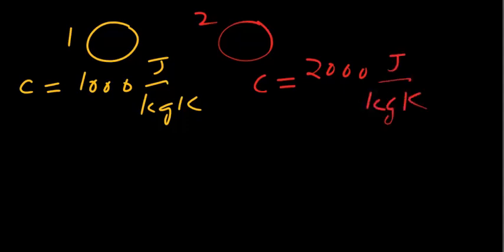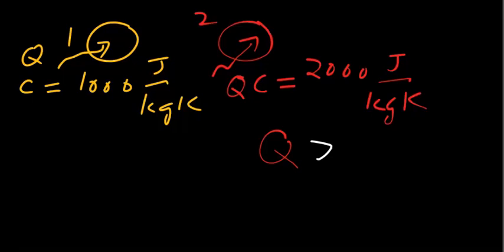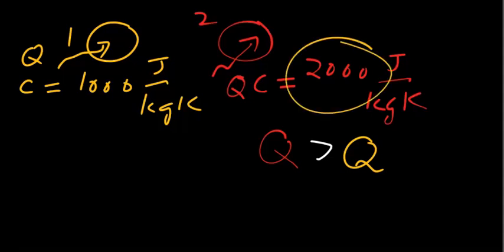What that means is you need to pump in more energy or more heat into the red object compared to the yellow object in order to raise the temperatures of these two objects by the same amount, assuming they have the same mass. So the red Q must be greater than the yellow Q, because the specific heat capacity of this object is greater than that object. That is the significance of specific heat capacity.